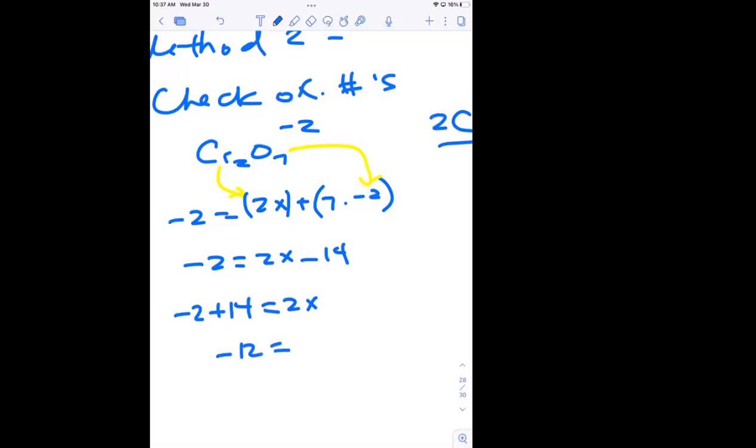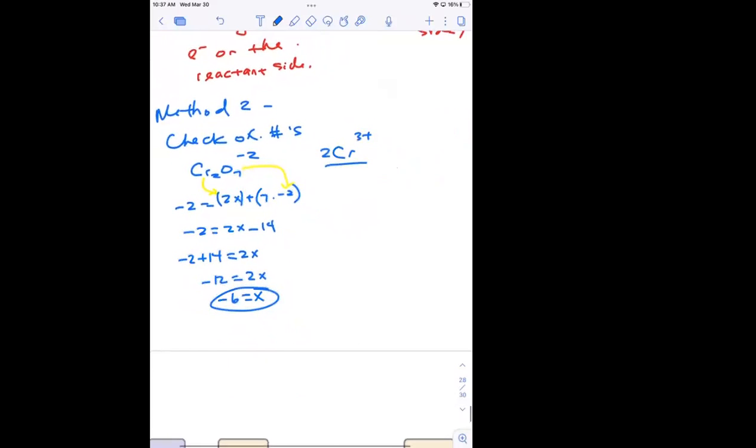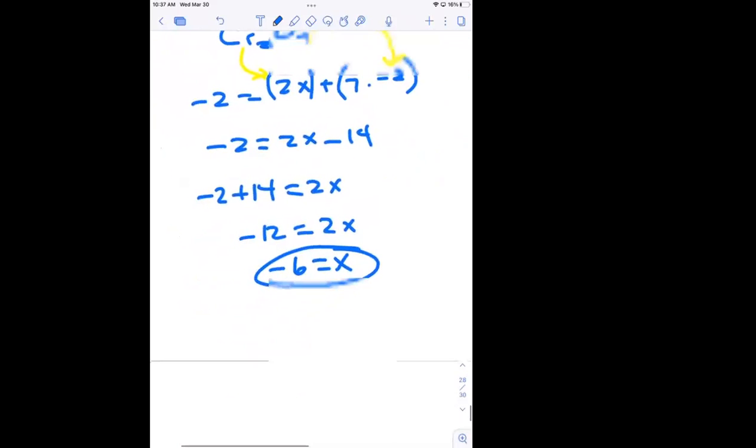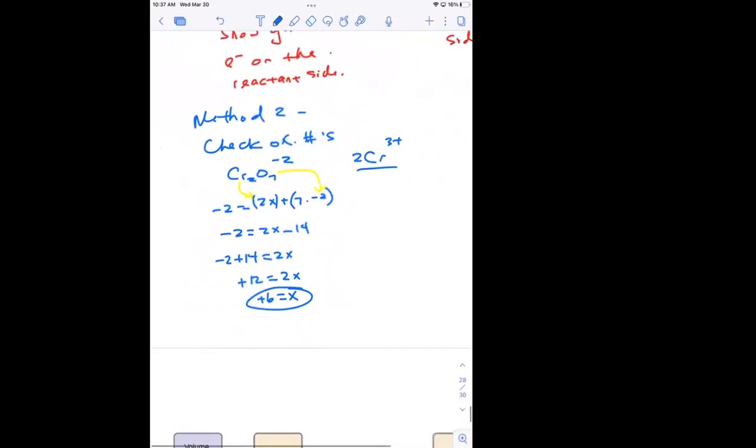Plus 12 equals 2x. And then this is +6 equals x. Following? So chromium, in this case, is going to have a, hold up, that should be plus 12, not -12, my bad. +6. So chromium has a +6 charge.